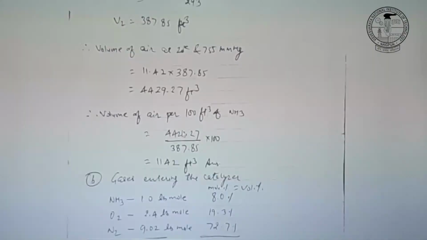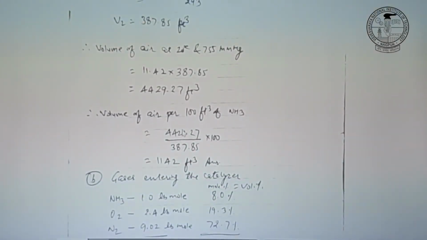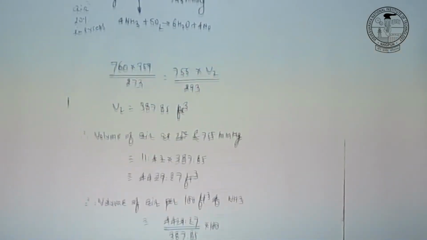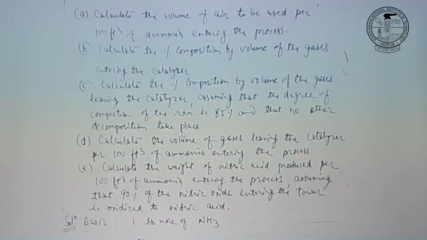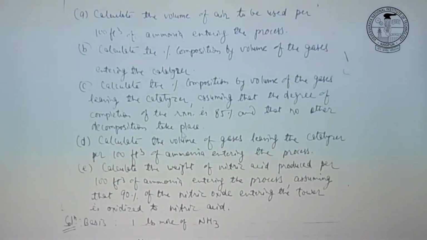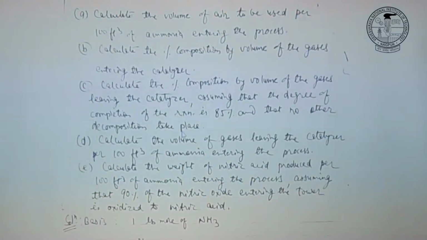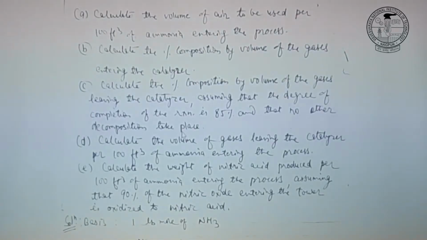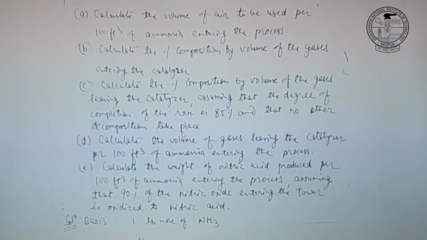Yes, now this is the answer of part A. The statement was to calculate the volume of air to be used per 100 cubic feet of ammonia entering the process. So part A is over. Now part B: calculate the percentage composition by volume of gases entering the catalyzer.